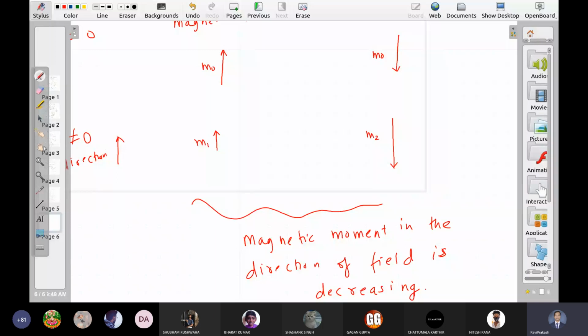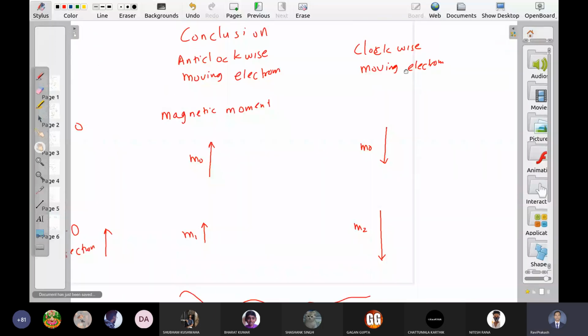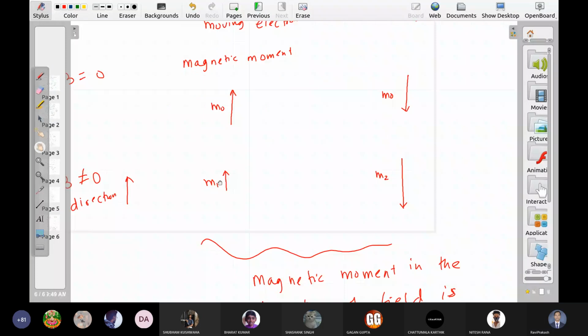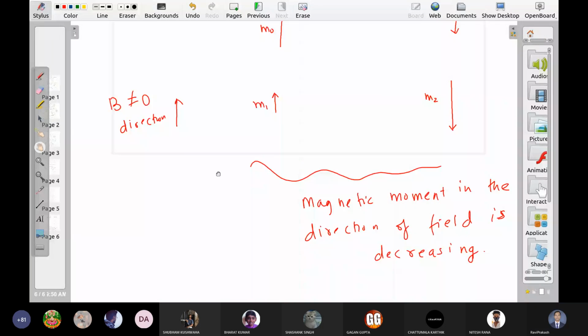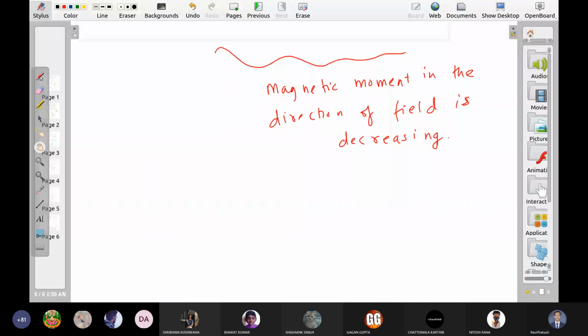So for both cases, whether it is clockwise or anti-clockwise rotation, the magnetic moment is always decreasing in the direction of the applied field. That is the reason that when you apply a magnetic field on a diamagnetic material, the inside magnetic moment is reduced. Okay.